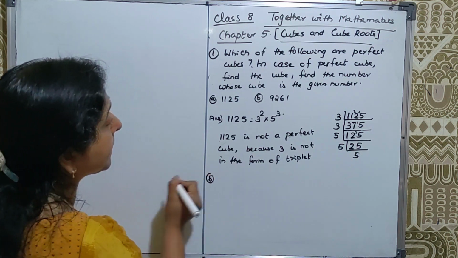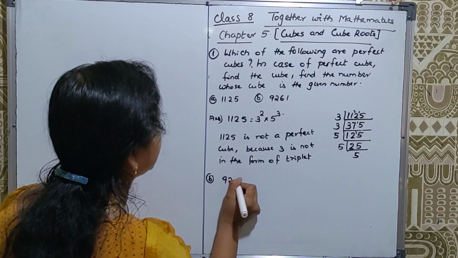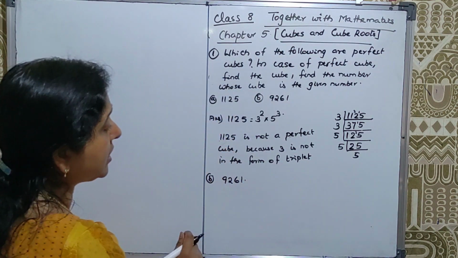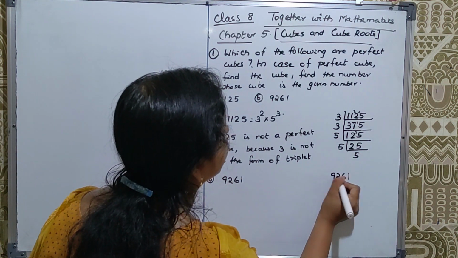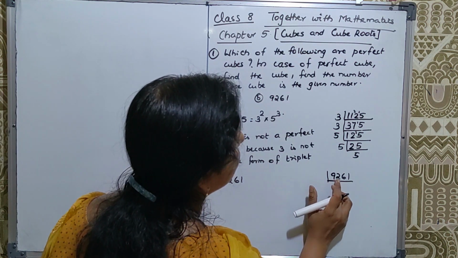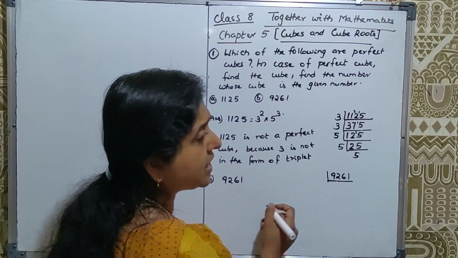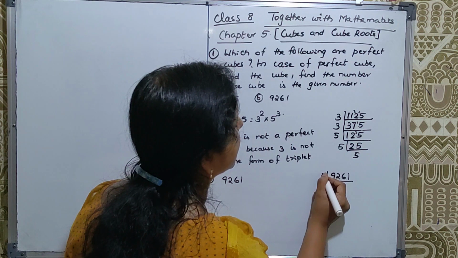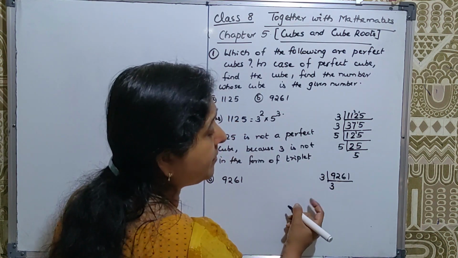Now B. B is 9261. We'll do the prime factorization of 9261. Again check with 3: 9 plus 2 is 11, 11 plus 6 is 17, plus 1 is 18. 18 is divisible by 3, so we divide 9261 by 3. 3 threes are 9.